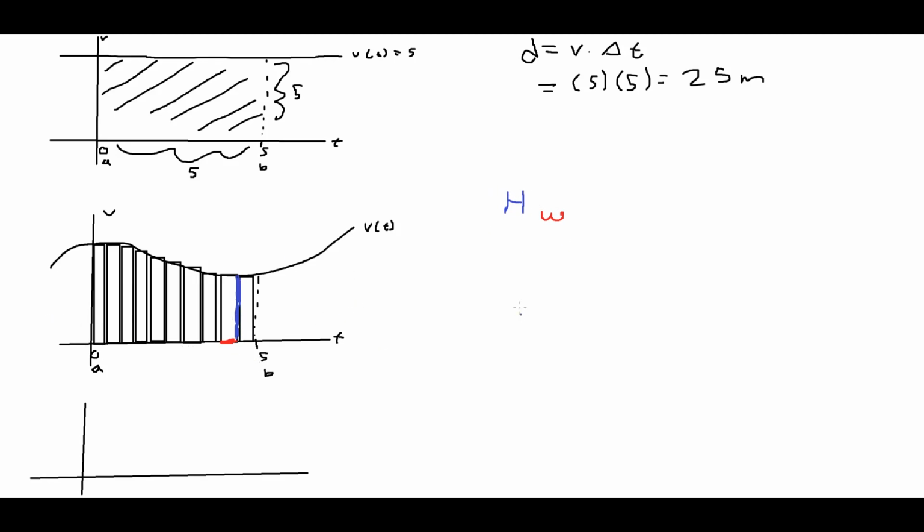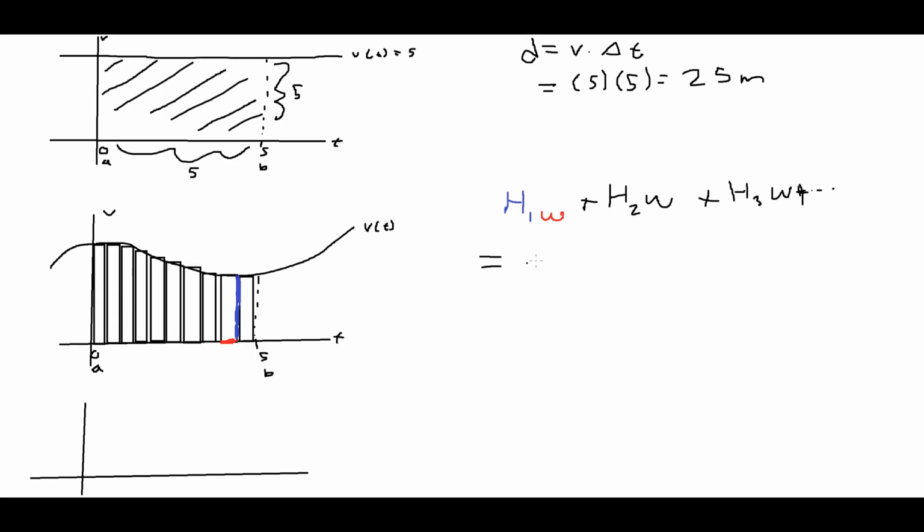Now you need to add up all the rectangles. So from A to B, you're going to be adding up H1 times width, plus H2 times width, plus H3 times width, and so on and so forth until you reach the whole interval of all the rectangles. Notice that the width is the same in each one because we made them equal.